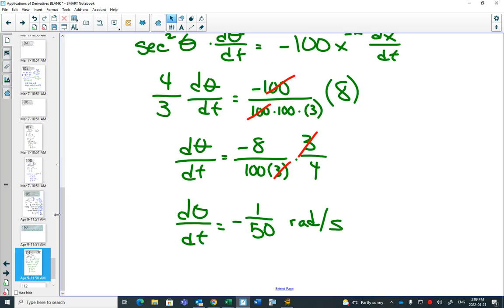What I would suggest is try to not do two of the same kind of question in a row. Like don't do liquid in a shape problem, liquid in a shape problem, or shadow, shadow, shadow, shadow problem. And as you go along, if you think I'm pretty good at the similar triangle ones, I'm going to skip this one and move on to another one. That is perfectly fine.